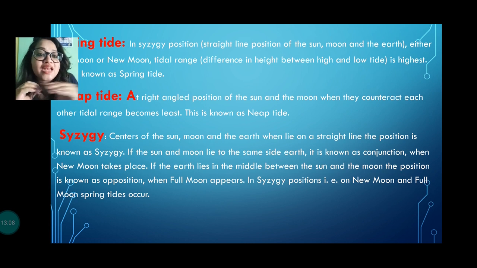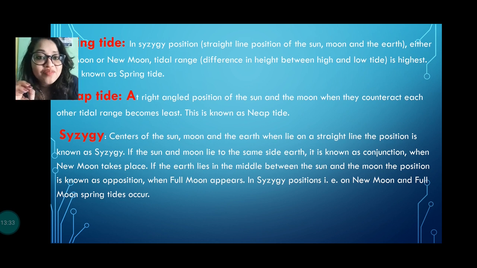So I discussed what syzygy is: mainly the straight line positions of these three heavenly bodies. When the earth is here, and the moon and the sun are there, that is the conjunction position. If the sun and the moon are on the same side, that is the conjunction position. But when the earth is in between the sun and the moon, that is the opposition position.